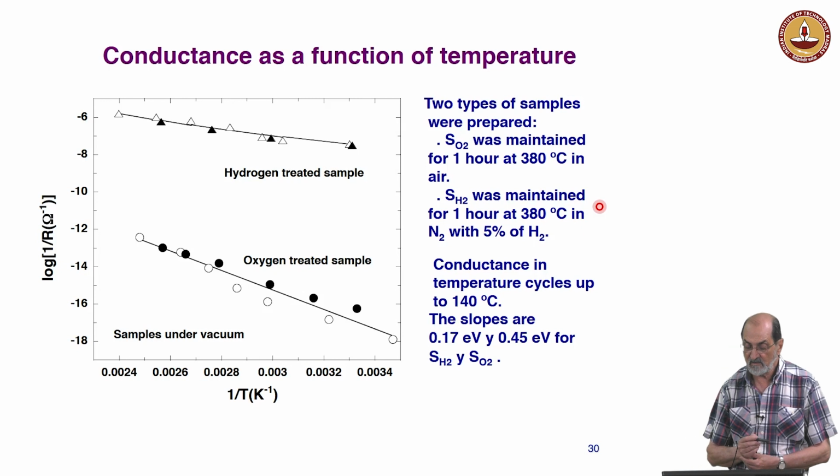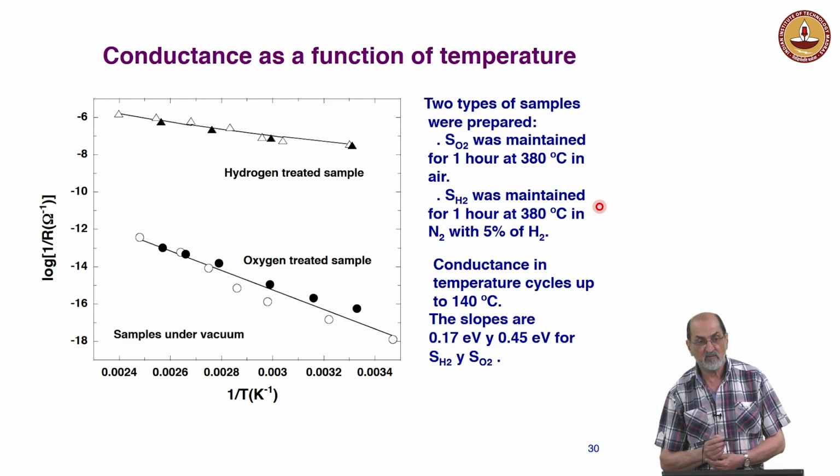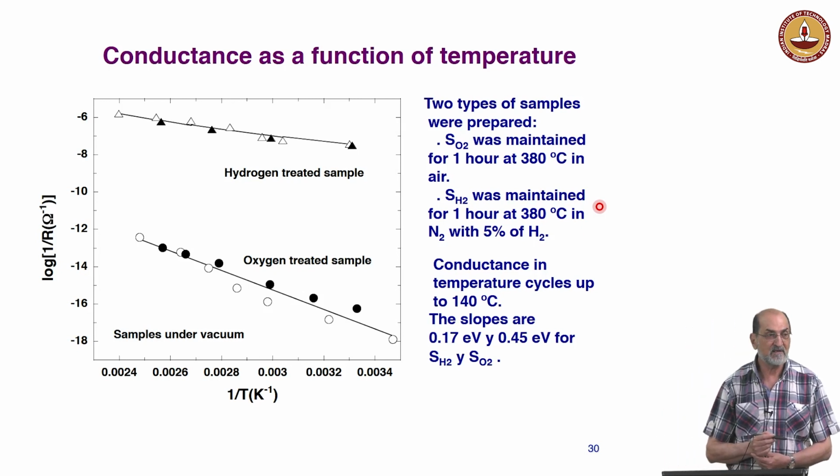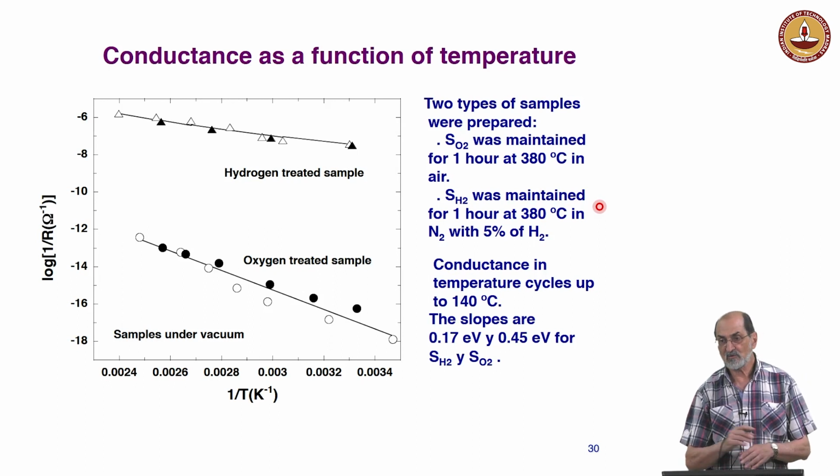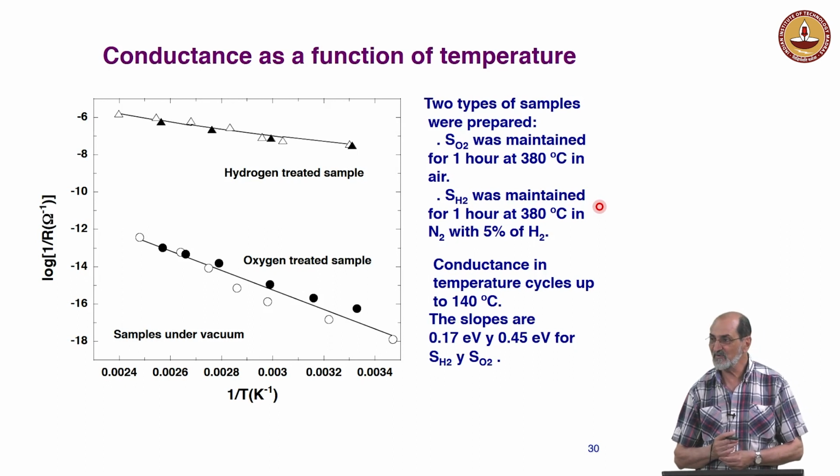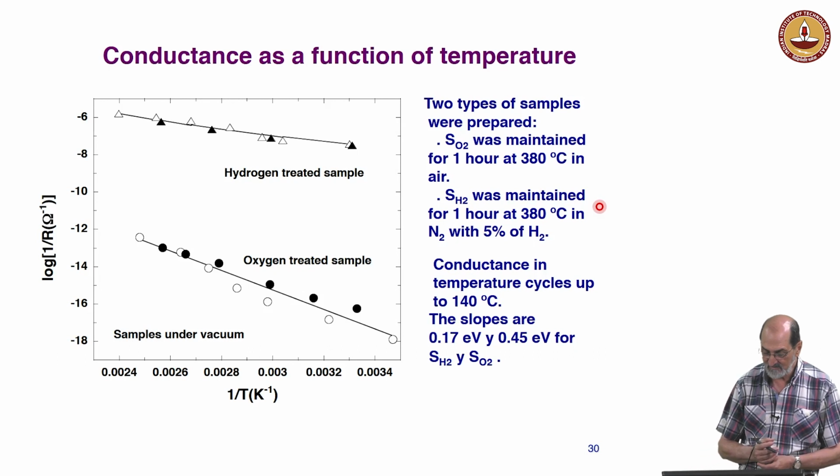You could ask, why not more than 5%? If you put a lot of hydrogen there, essentially the oxygen in the sample disappears and you end up with metallic tin. We want to take some oxygen, but not too much, otherwise we change the sample from a semiconductor to a metal.